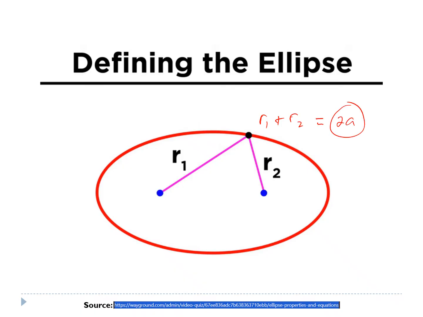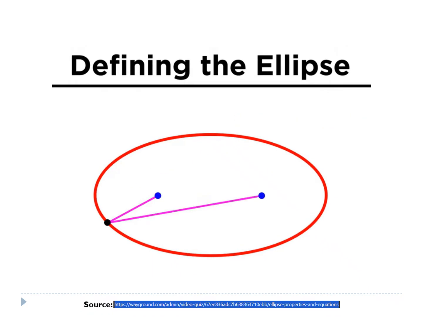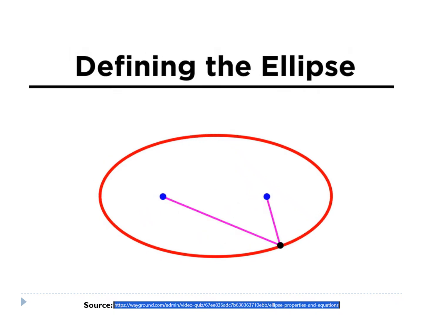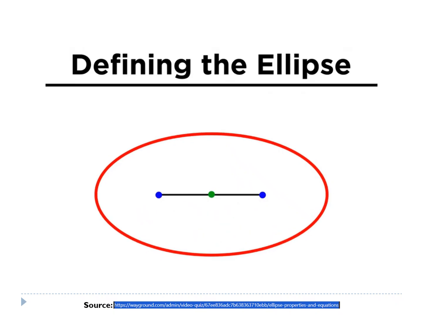It's a constant. So wherever the point P revolves around these two fixed points, when it revolves around the two foci, we will have this graph, an ellipse.